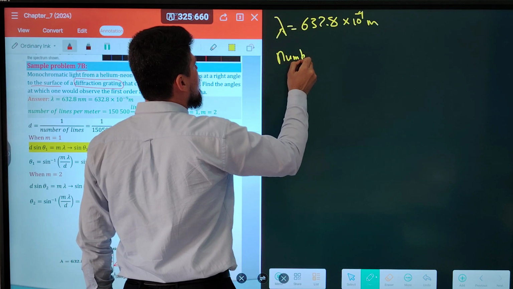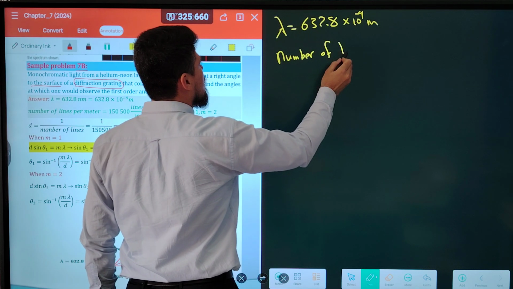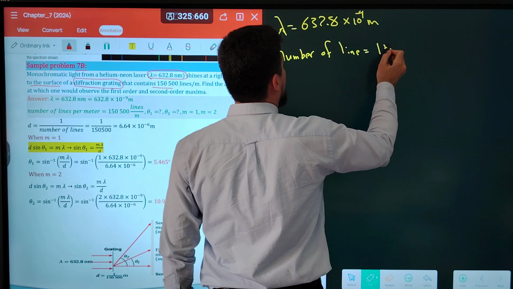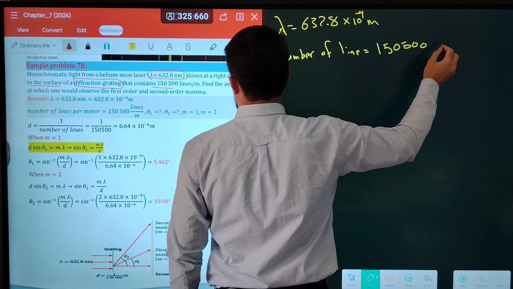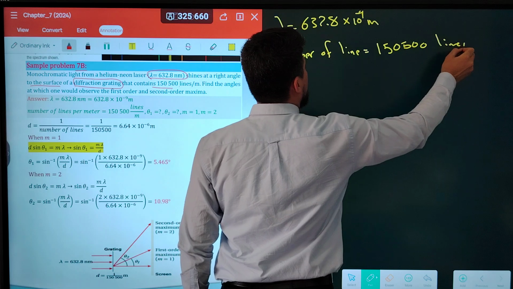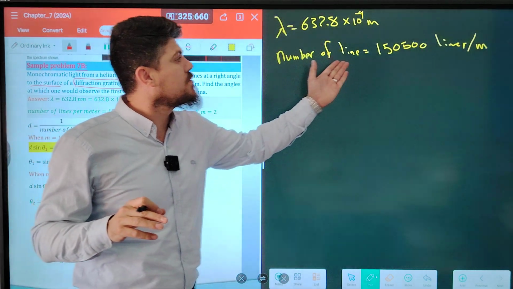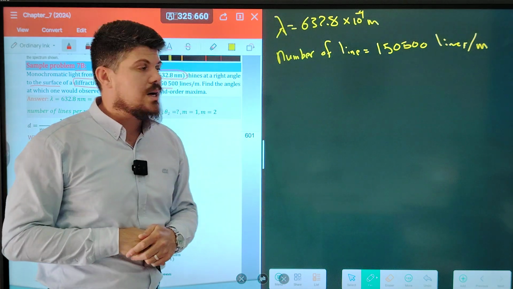Number of lines is equal to 150,500 lines per meter. It means that in 1 meter we have this number of lines.